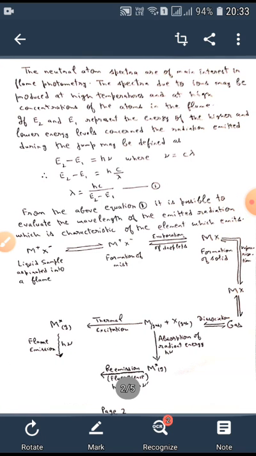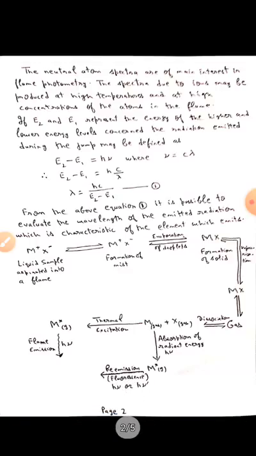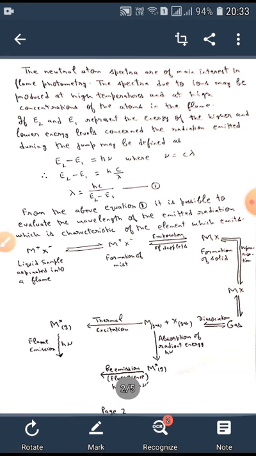The neutral atom spectra are of main interest in flame photometry. The spectra due to ions may be produced at high temperatures and at high concentrations of the atoms in the flame. Now, let us represent it and understand it more clearly.